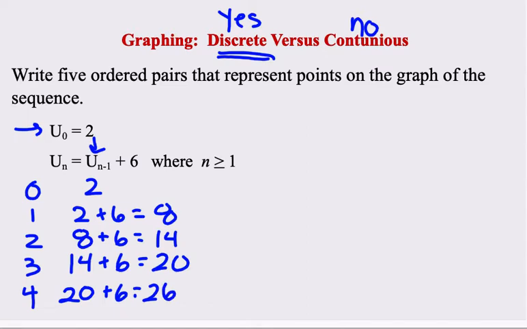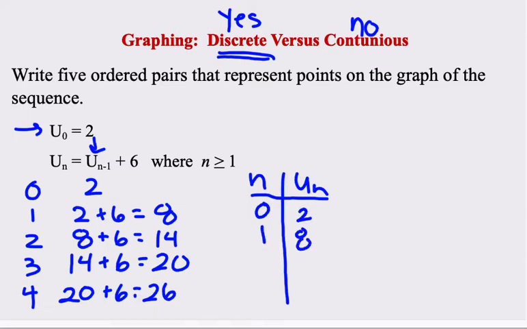So if I was going to make a table of values, it looks like my term number n and the value of the term: when I was on the 0th term, the value was 2. The first term, the value was 8. The second term, the value was 14. The third term, the value was 20. And the fourth term, the value was 26.